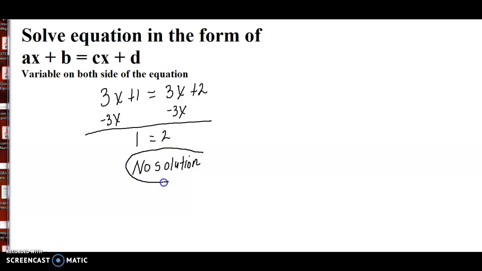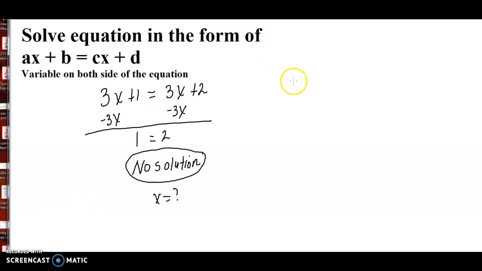Which says this: there is no x that will make the left-hand side of the equation equal to the right-hand side, just like we did in our previous problem. There is no number that exists that will do that. So we have no solution.